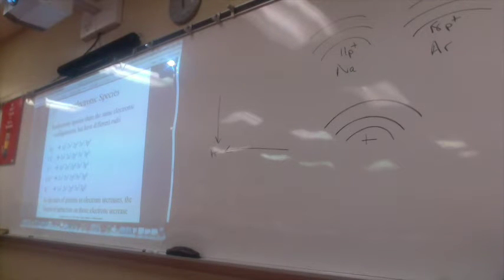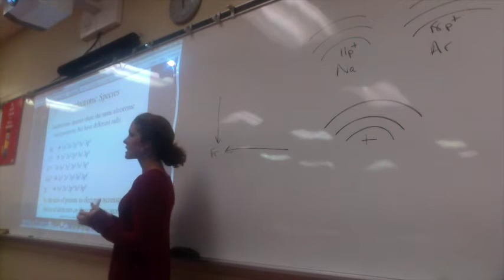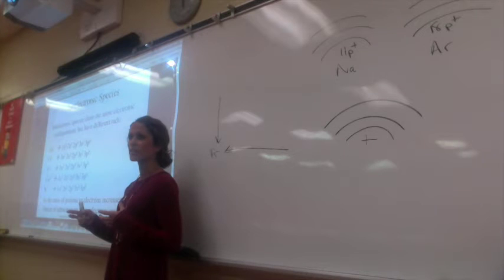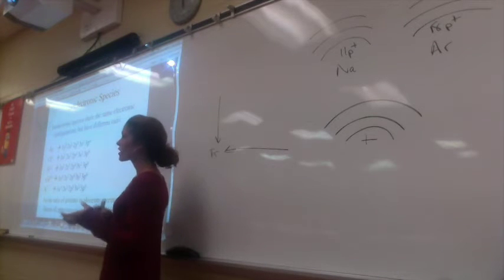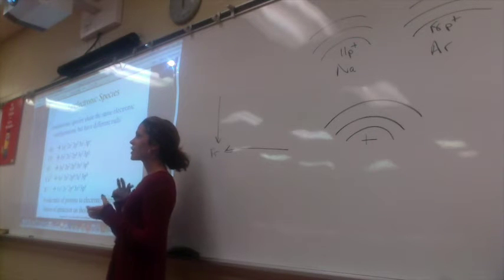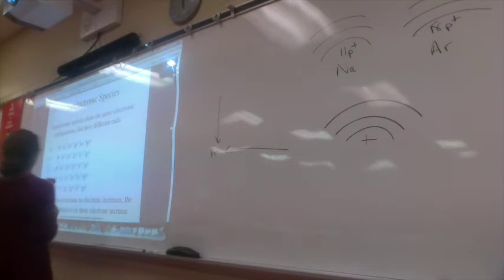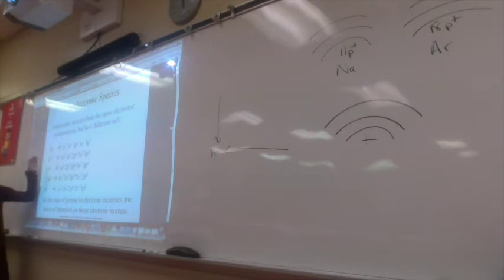All right, this is a new vocab word for you, isoelectronic. Isoelectronic just means that they have the same electron configuration. So if something is isoelectronic with something else, it ends up with the same electron configuration. Like sodium cation is isoelectronic with neon because they will end up with the same electron configuration. So they have the same configurations but different radii, and then we'll talk about that. So argon has this configuration, but when chlorine gains 1 electron, it still has the same configuration.